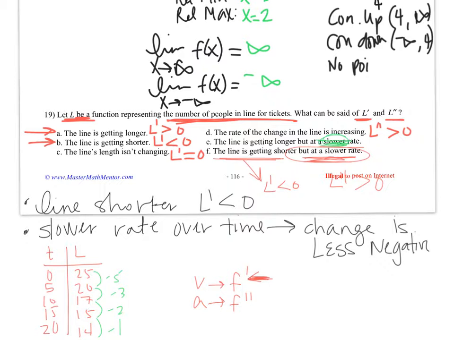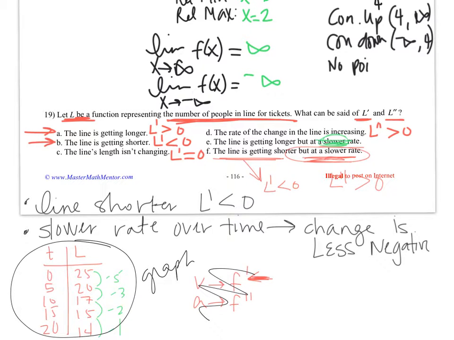To verbalize it, when we're slowing down, the change, in this case in F, is less negative. Okay, the change is less negative. As this slows down, as 25, 20, 17, 15, 14 slows down, the change between them gets less negative.